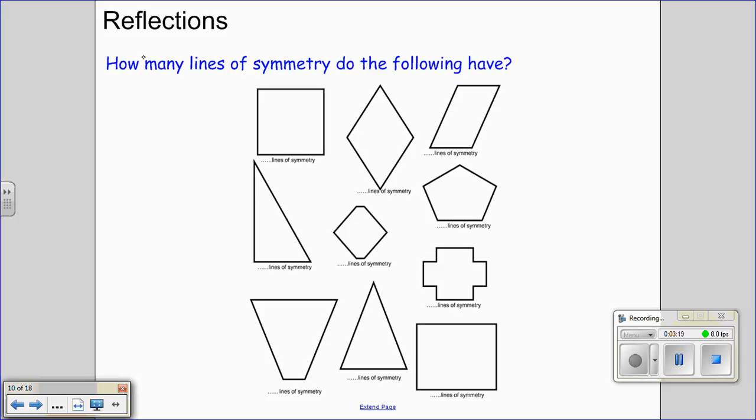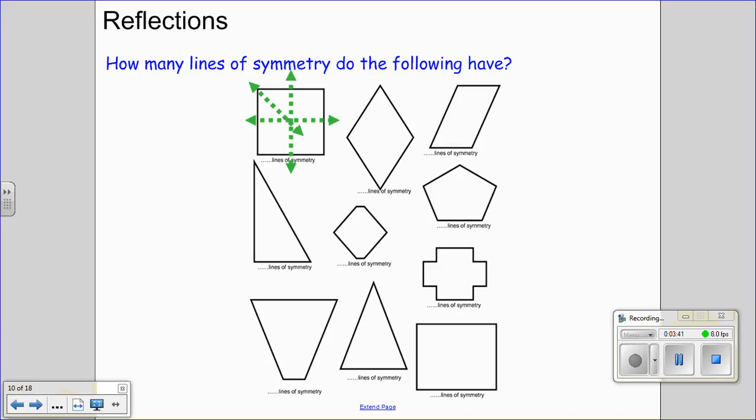For example, I could take this square and cut it down from edge to edge and fold it along that dashed line, and that's one line of symmetry. I could fold it horizontally as well, and that's the second line of symmetry.